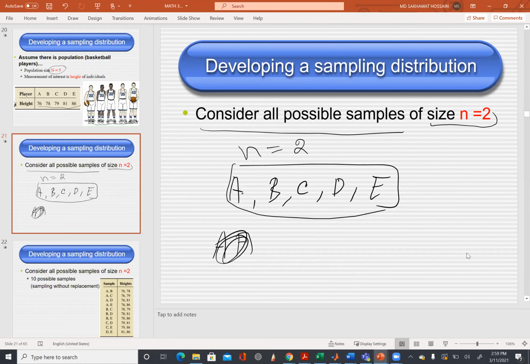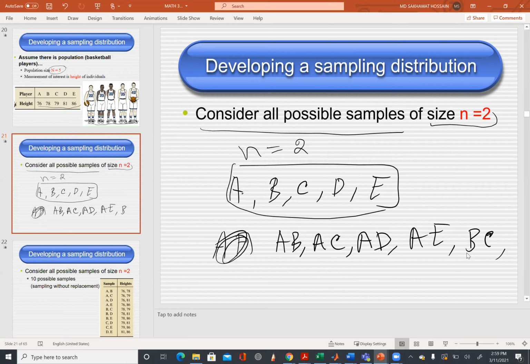If we do the selection without replacement, how many ways can we select 2 players? We can select AB, AC, AD, AE, BC, BD, BE, CD, CE, and DE.